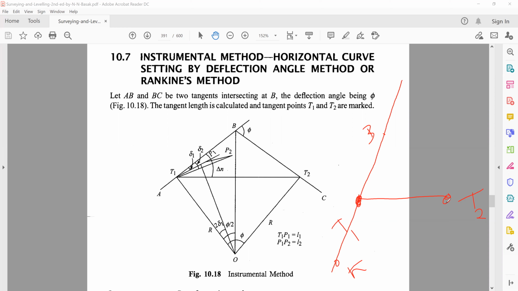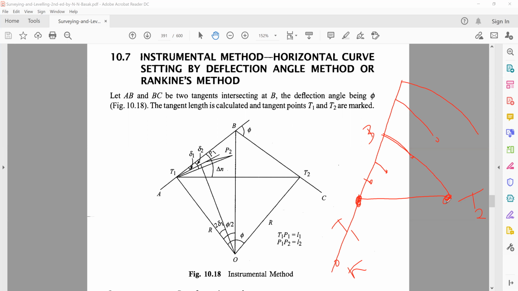So at some distance, we can calculate what is the angle of the curve. So you would set your instrument equal to 0 degrees on this line, T1B, and then whatever the value is, you locate the point. As you go further, the value would keep on increasing for the curve up till when you reach the last point. So let's say your last point is T2, and you find out this deflection angle.